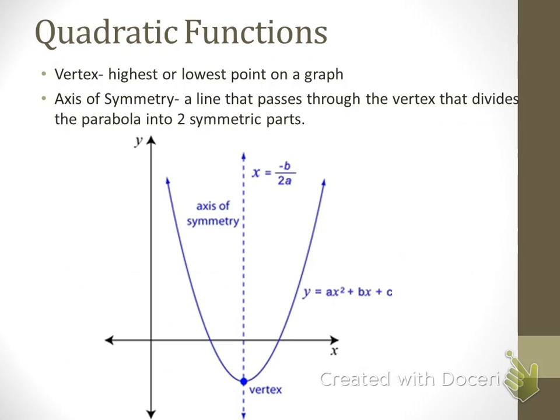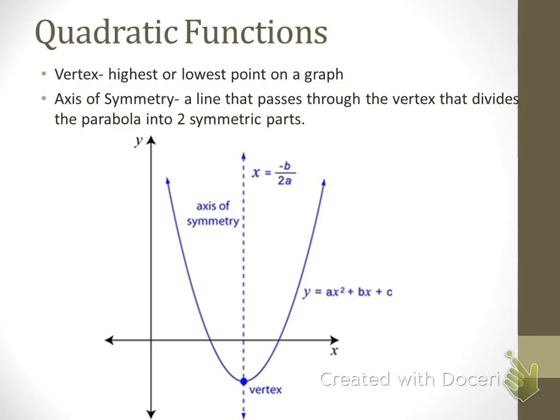Vertex. So let's talk about some of the pieces of this quadratic graph, this parabola. The first part, and probably the most important part that you will see, down here at the very bottom, is called your vertex.